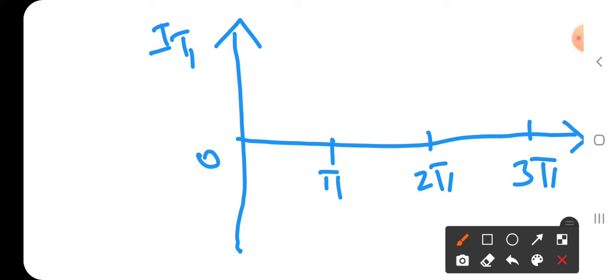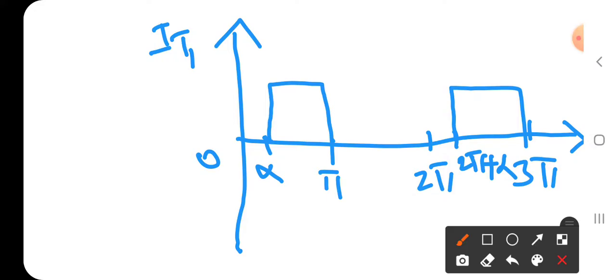The SCR T1 will be turned on at alpha, so its current flows from alpha to pi like this. Then it is turned off, and it will be turned on again at 2 pi plus alpha only.